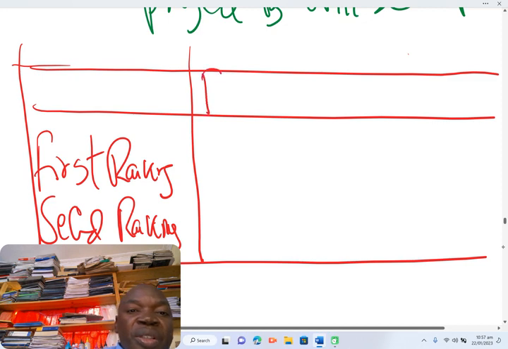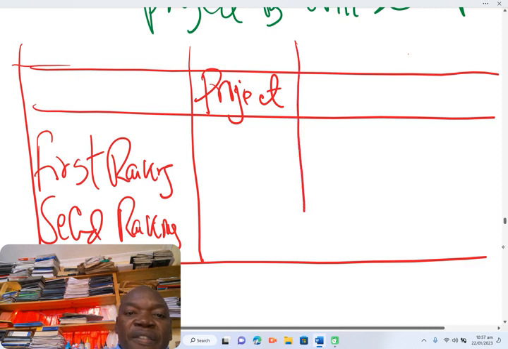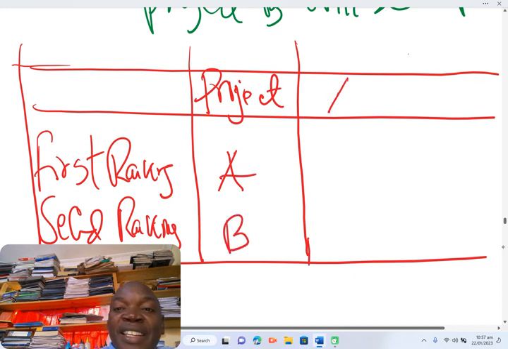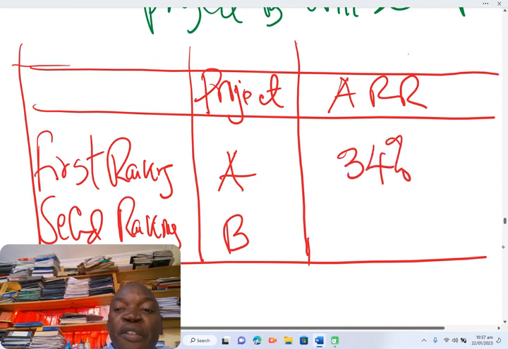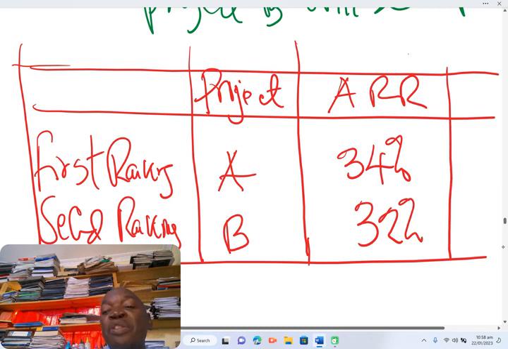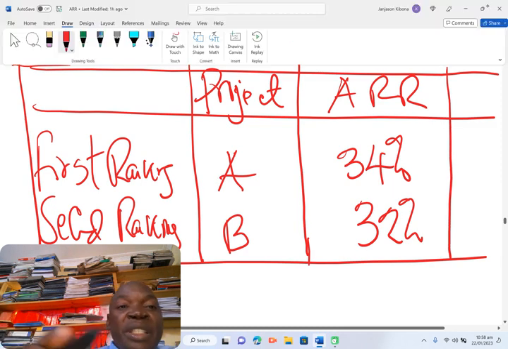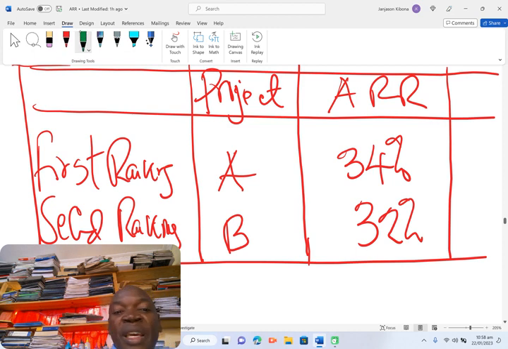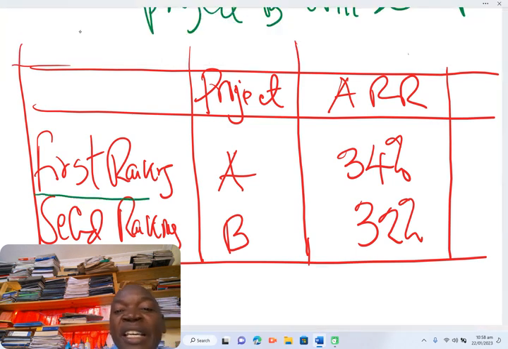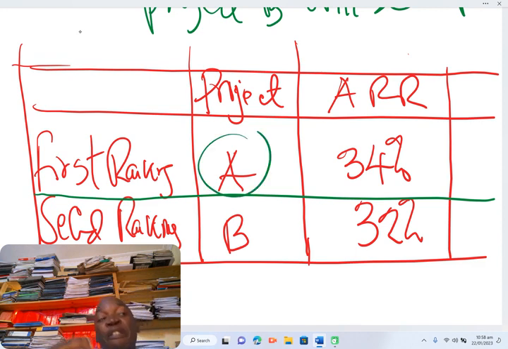So which project is first ranking? It is project A, followed by B. What is IRR? Project A is 34. This is 32. So even if they are both profitable, project A is the most profitable and given the first ranking. If there are insufficient funds, this is the project to be implemented first.